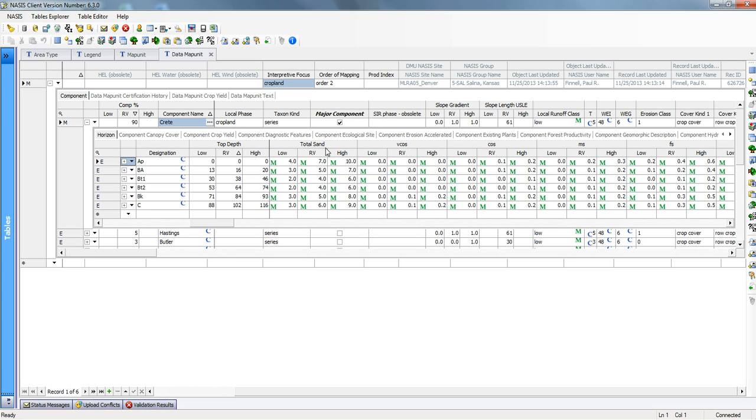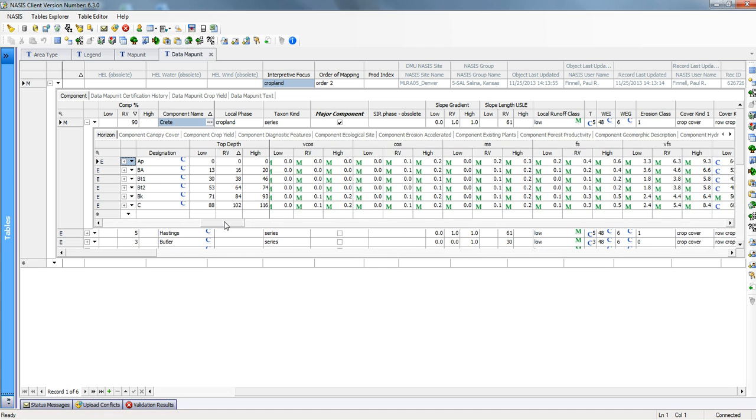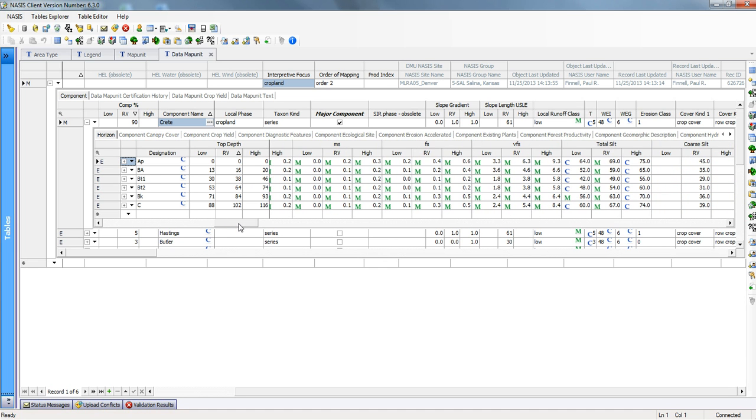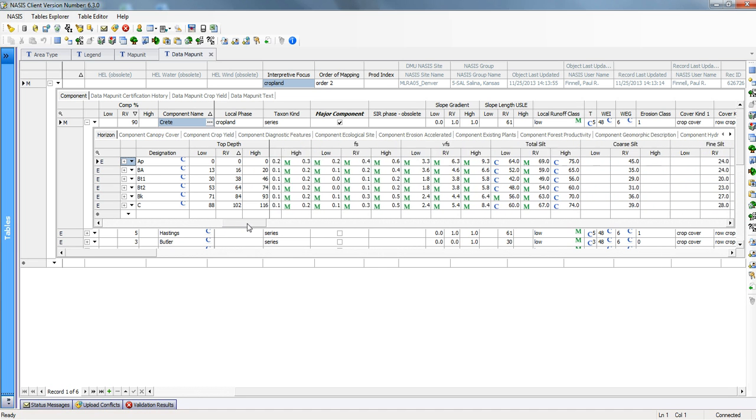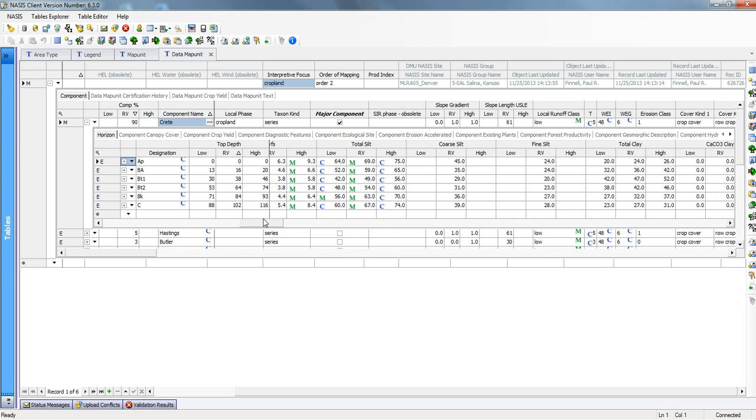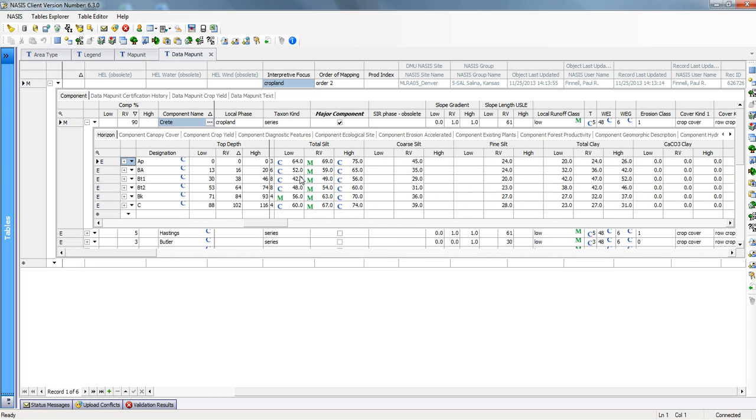Then you've got your total sand and your sand breakdown. These are fields that should be populated based off the lab data that you've recorded. And please don't use a calculation unless you review it closely and find that it does fit the needs for your particular soils. And here are the silts, and you can notice that we've got total silt, coarse silt, and fine silts.